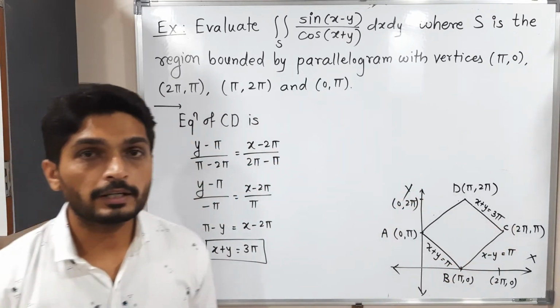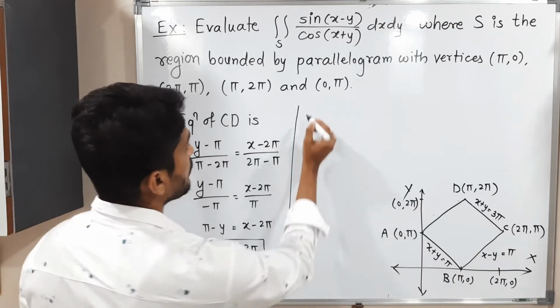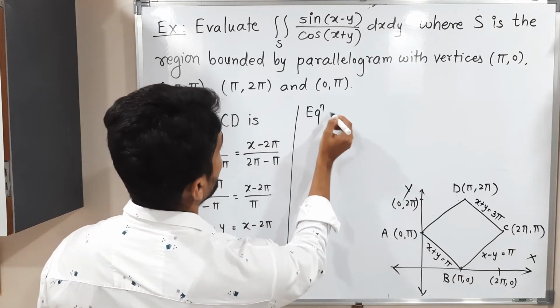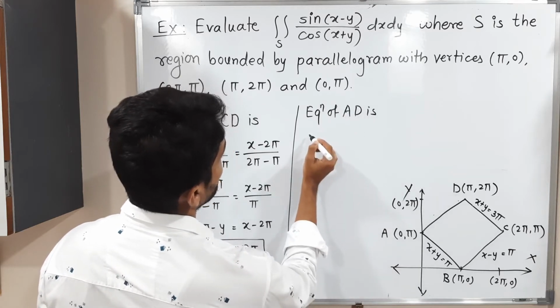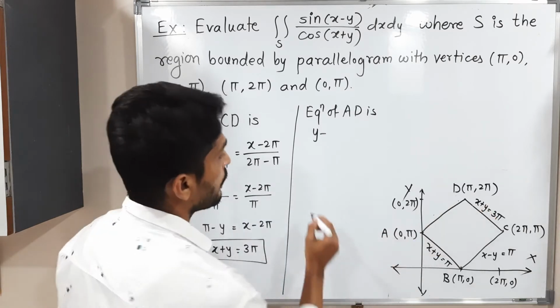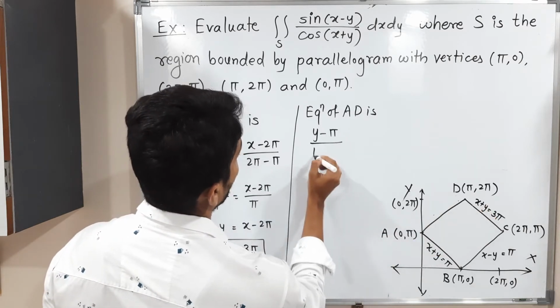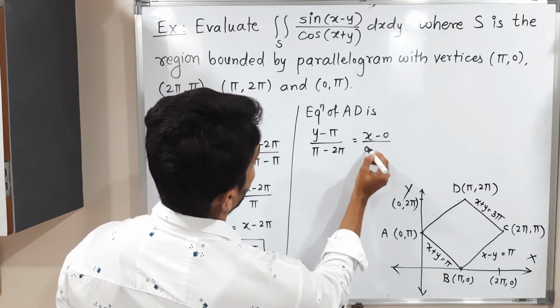Now we have to find the equation of AD only. Equation of AD is (y minus pi) upon (pi minus 2pi) and (x minus 0) upon (0 minus pi).